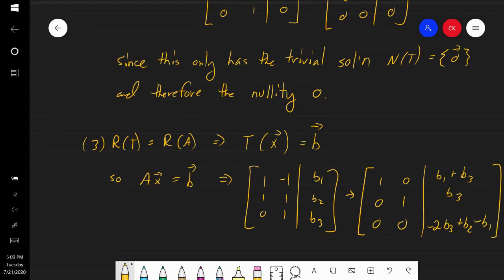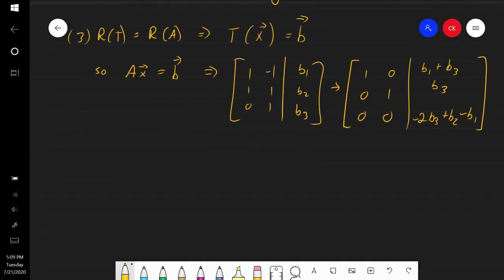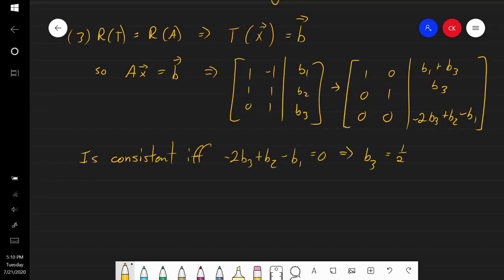Of course, that's the most important one because that's going to determine our consistent relationship. So this is consistent if and only if minus 2b3 plus b2 minus b1 equals 0. And that implies that b3 equals 1/2 b1 minus 1/2 b2.